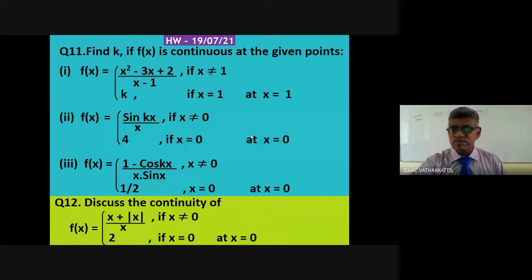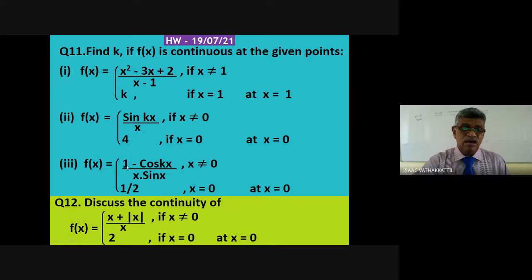Well, let us have some questions here. That kind is not here, but you can practice that. Find k so that f(x) is continuous at the given point. First: x squared minus 3x plus 2 upon x minus 1 if x is not equal to 1, and k if x equals 1, continuous at x equal to 1. Second: sin kx by x if x is not equal to 0, and 4 if x equal to 0, continuous at x equal to 0.